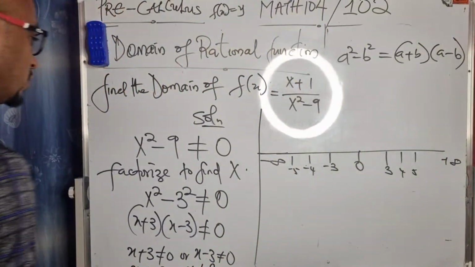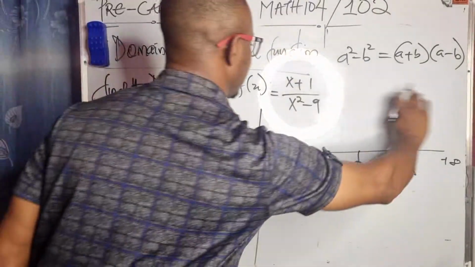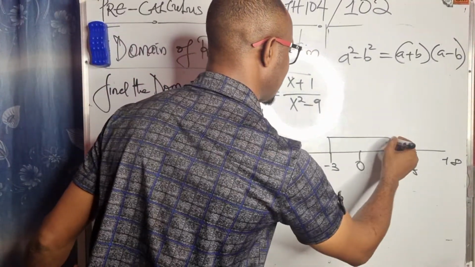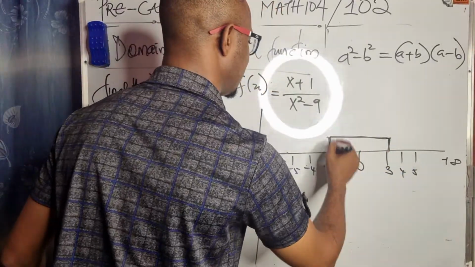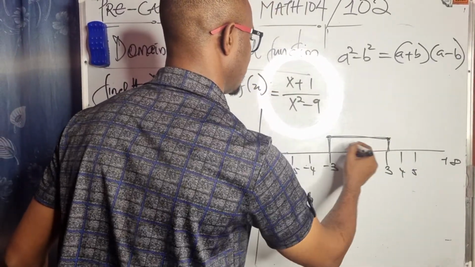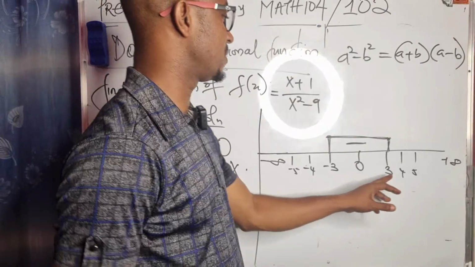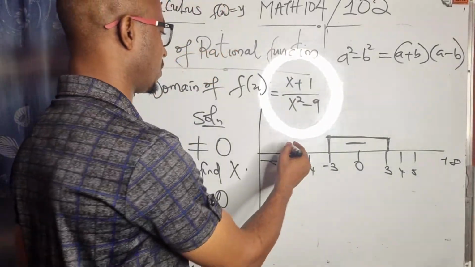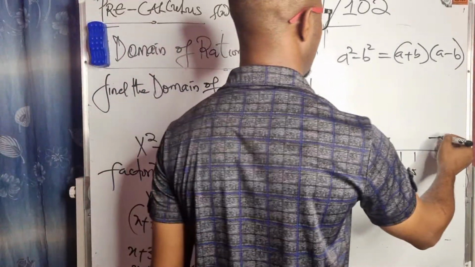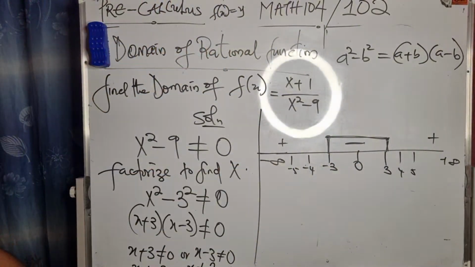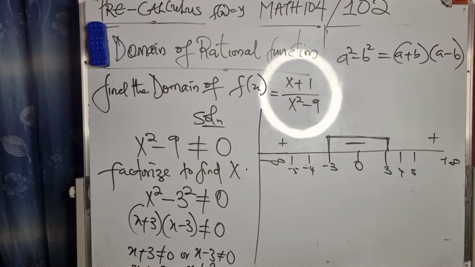So our domain includes all the values of x except these two, minus 3 and 3. It means I will include all these numbers, also include all these numbers, then exclude the numbers between minus 3 and 3. Am I communicating here?